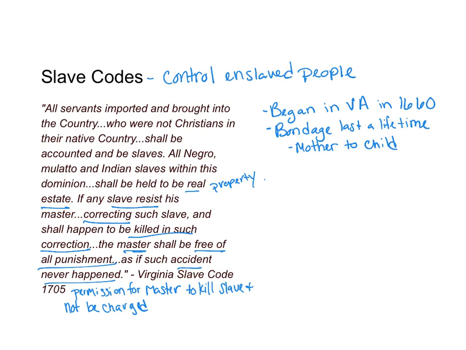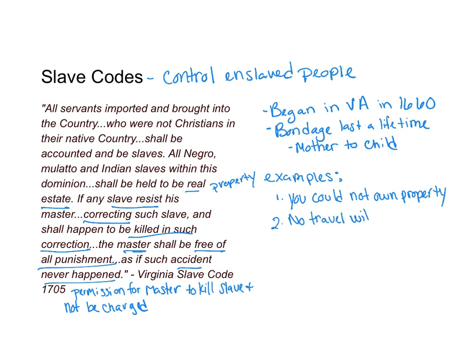Some other examples of slave codes would be you could not own property. You could not travel without permission. You usually had to have a special document.